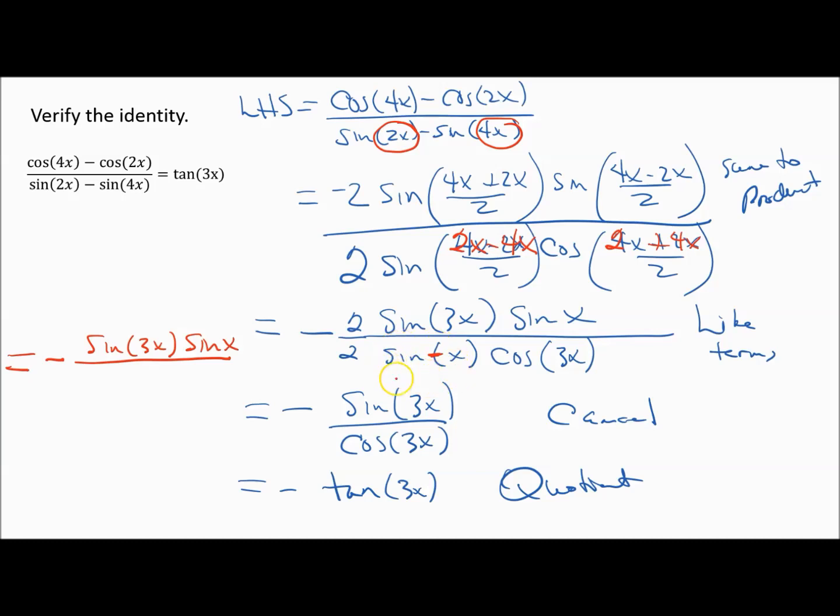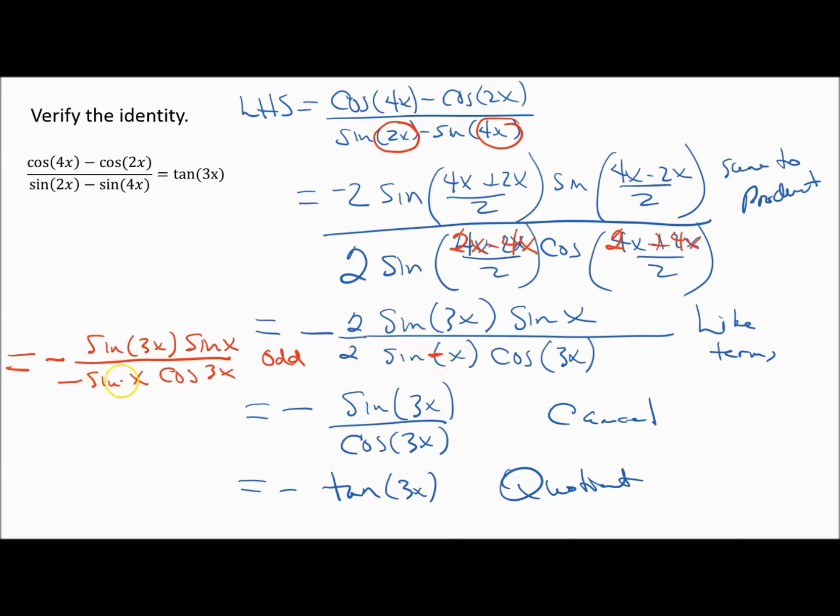Now, sine of negative x, sine is an odd function, which means the negative comes out. So that's negative sine of x cosine of 3x. You with me? So, what did I use? I used the odd function, because sine is odd, to handle this negative, so it just came out front.